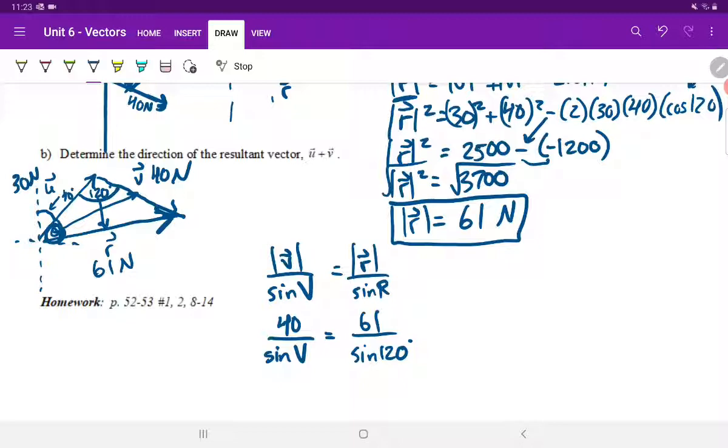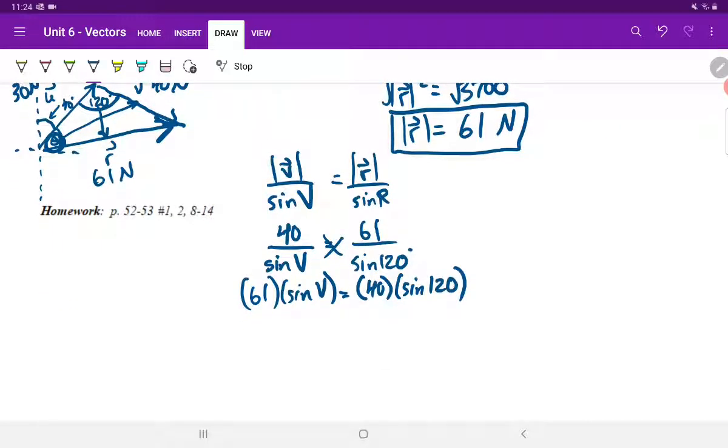Okay, cross multiply. You end up getting 61 times sine of V is equal to 40 times the sine of 120. Divide both sides by 61 and then take the sine inverse.